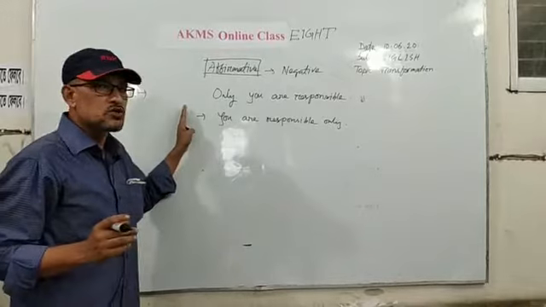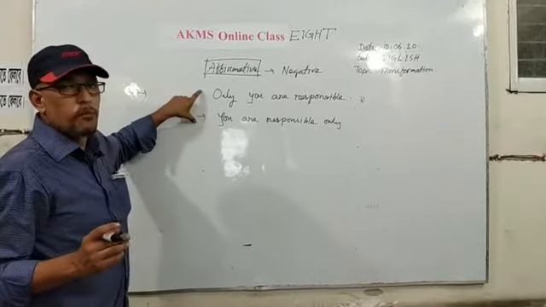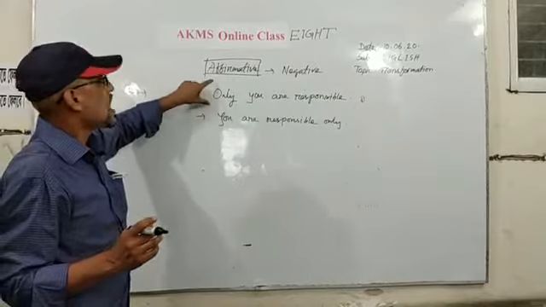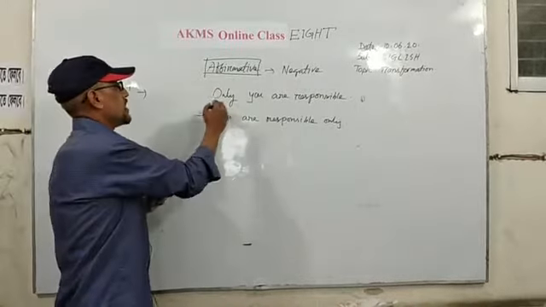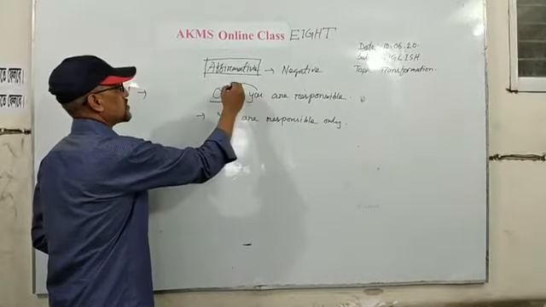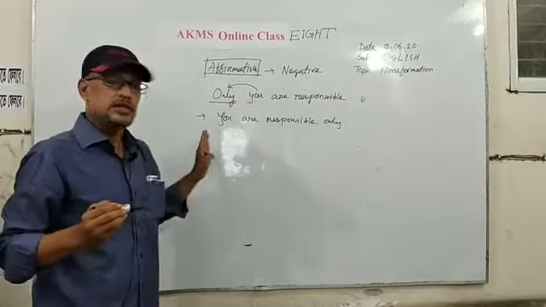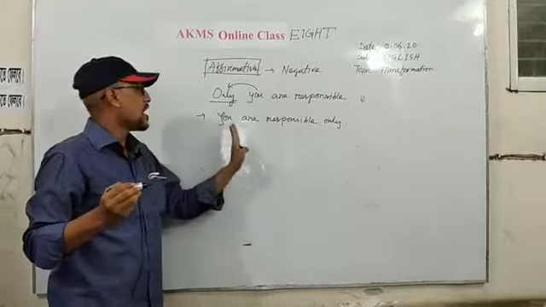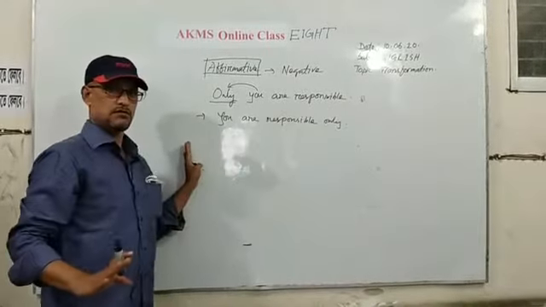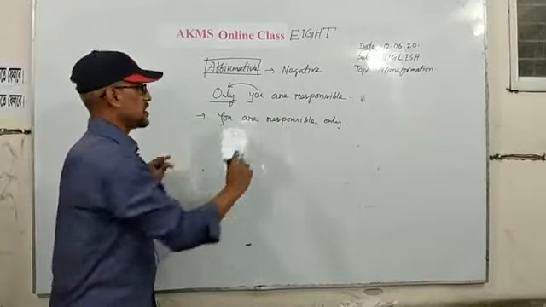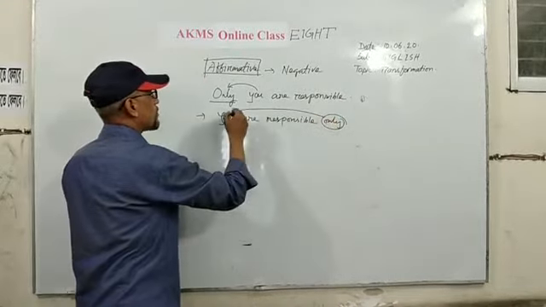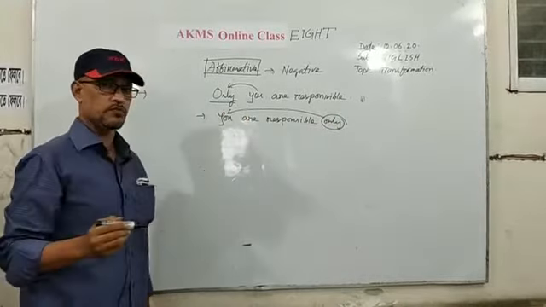I have used only in both of these two sentences. First, only is used before the person. But in the second sentence, I have used only at the last part of the sentence. But this only also indicates or mentions you.